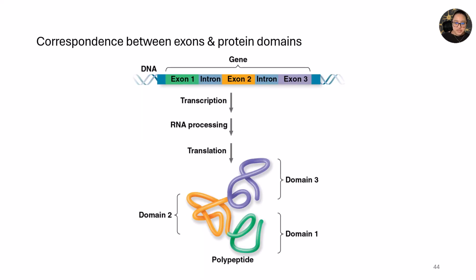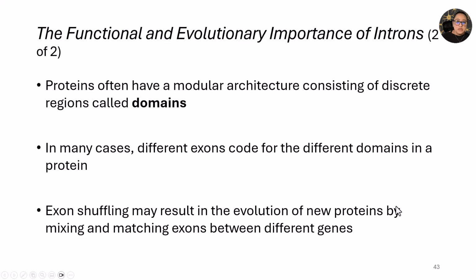We'll show a picture in a second. If this is a polypeptide, there are different domains. So the different exons can code for different domains. And if you cut and paste different exons, you have different domains and ultimately a different protein.